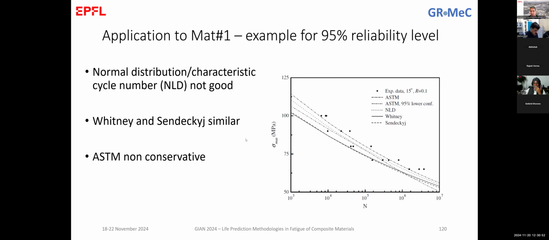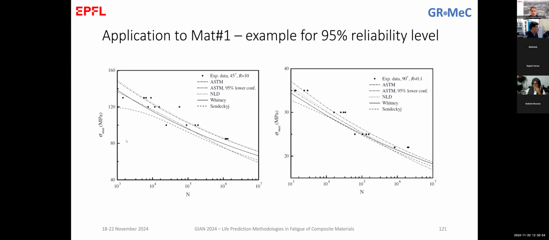So next comparison, the same material system, but 45-degree specimens in compression loading, and also 90-degree specimens in tension loading. Similar discussion and similar conclusions. We've seen in these cases Sendeckyj.